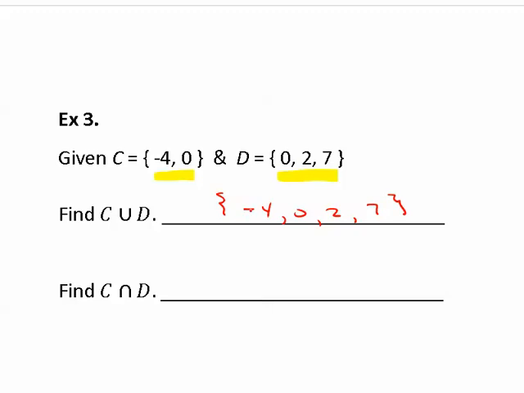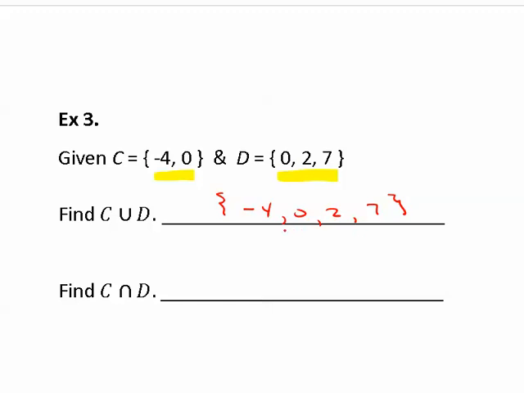Have we listed the elements that belong in at least one of them? Yes, -4 belongs in the first set. 0 actually belongs in both, but that's okay. It belongs in at least one. 2 in the second, and 7 in the second. So the union of C and D results in 4 elements, -4, 0, 2, and 7.